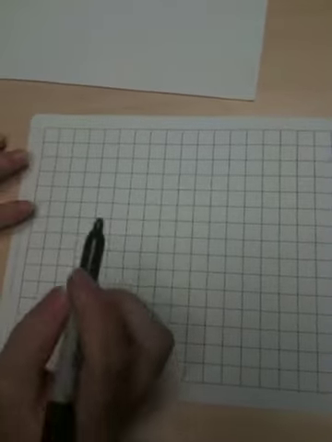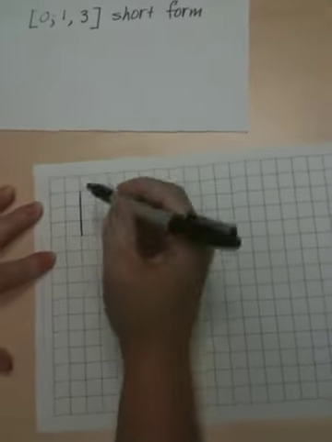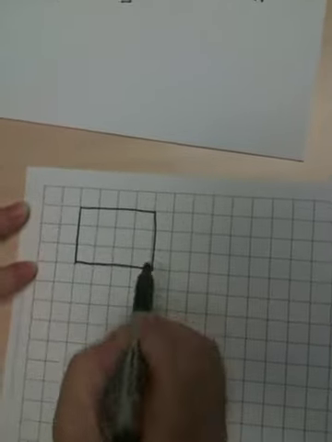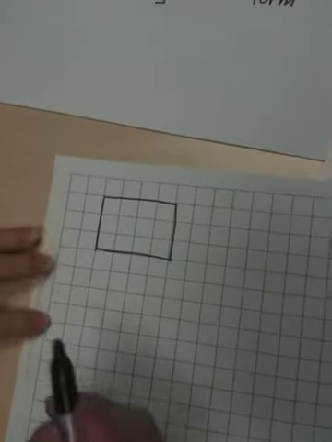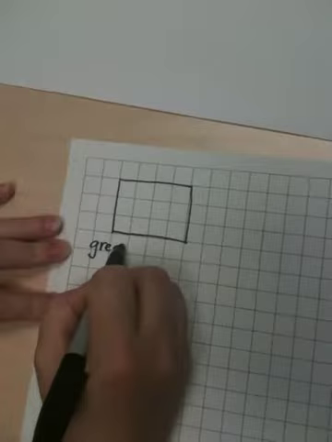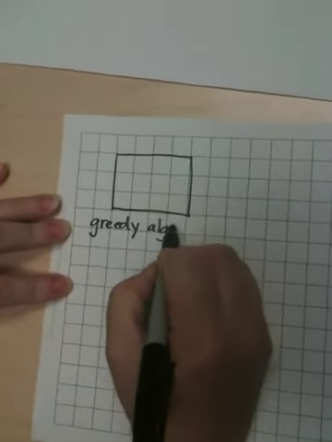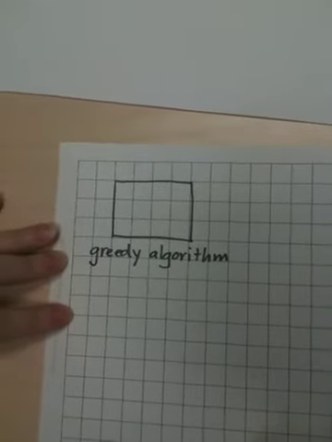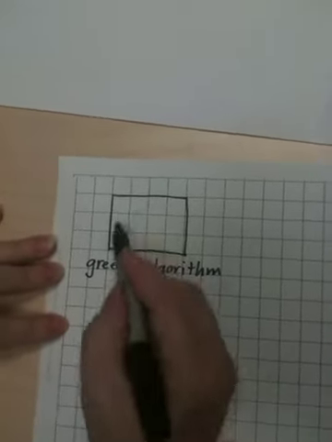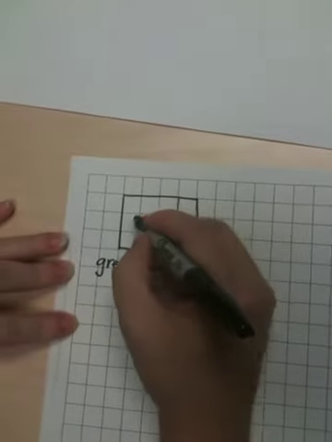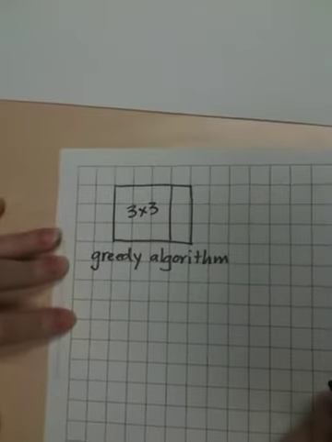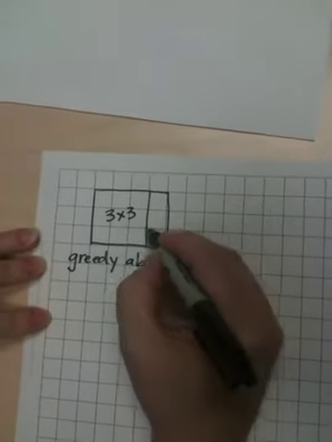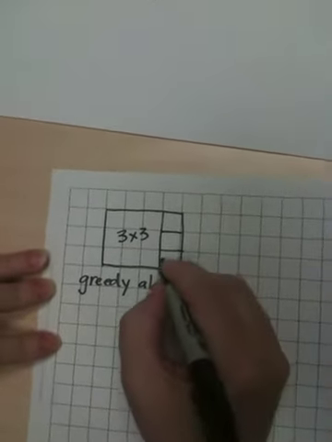So to do 3/4, I'm going to draw a rectangle that is 3 by 4, just for my 3/4, and then I'm going to use what we call the greedy algorithm to, in effect, bite off the largest square that I can. So the largest square I can fit in here is a 3 by 3. Then I bite off in the remainder part the largest square I can, which will be a 1 by 1, and I can actually do that 3 times.